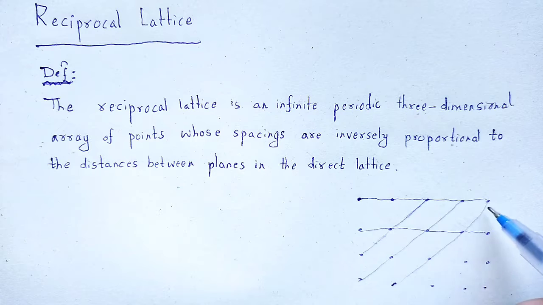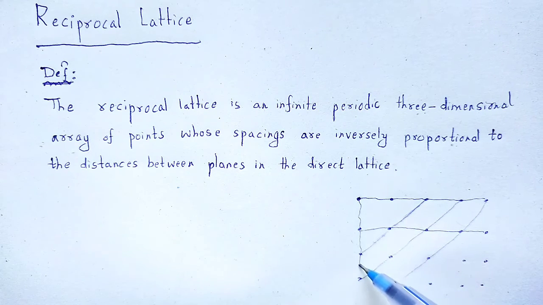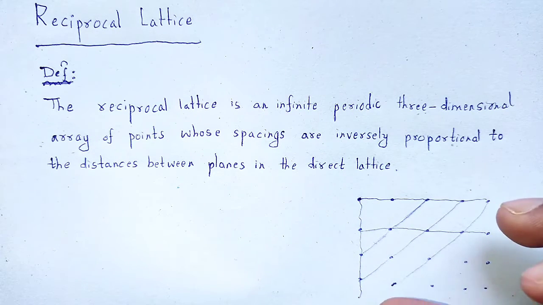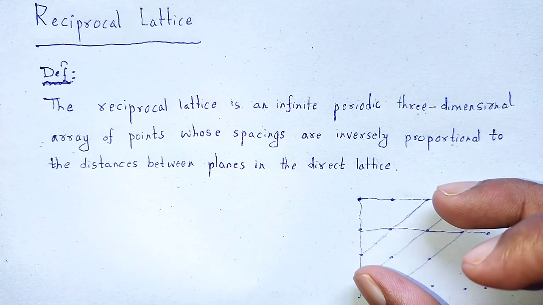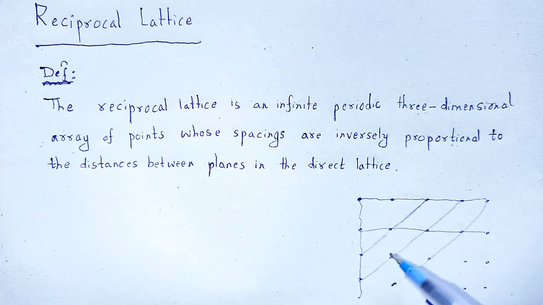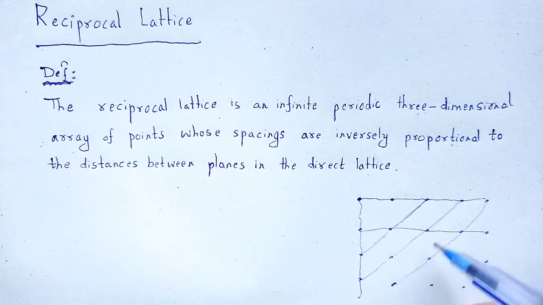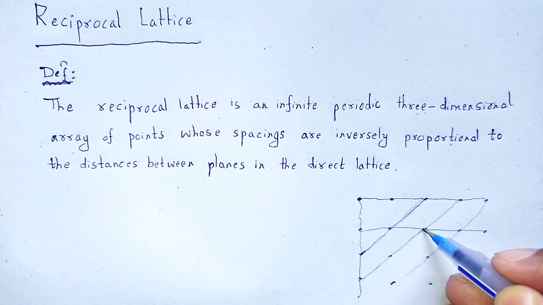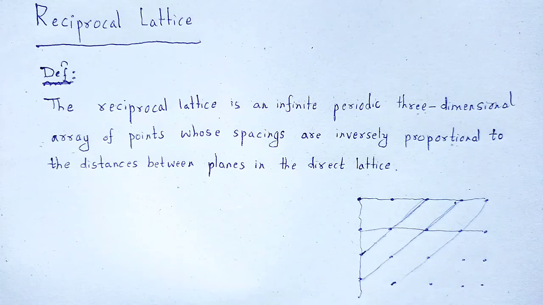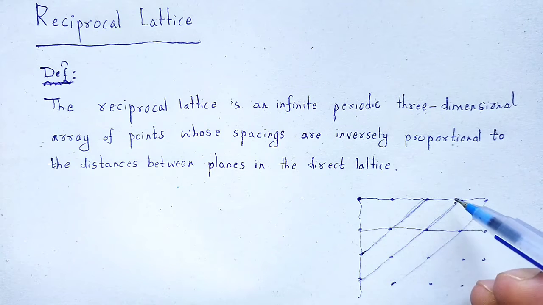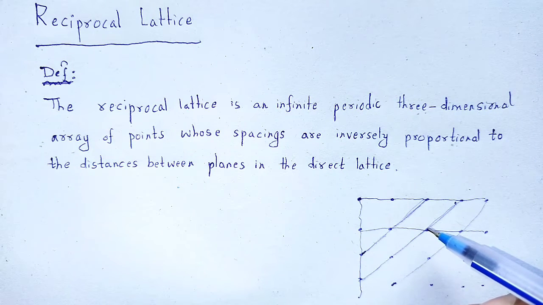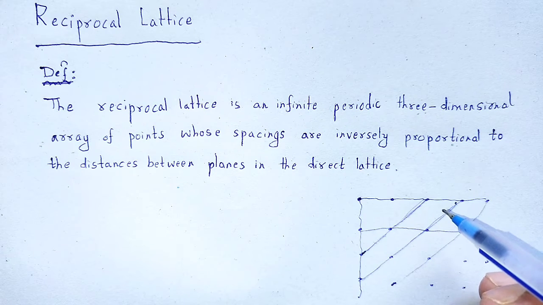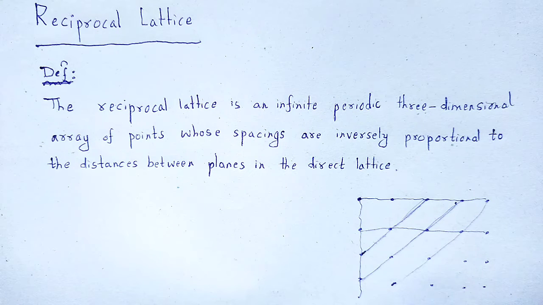But when these space lattices are arranged in a parallel way, that represents the parallel planes, and each parallel plane is represented by the same Miller indices.